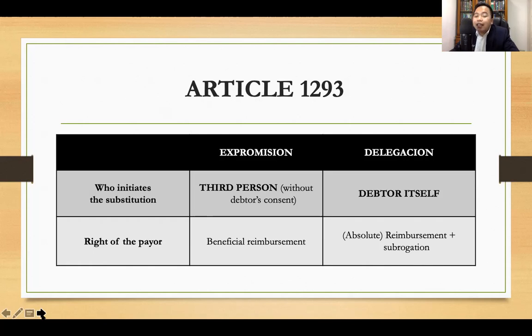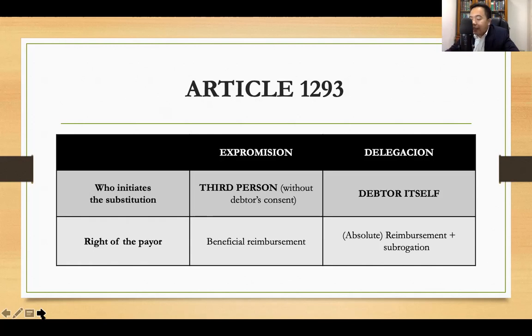On the other hand, if the debtor himself initiates the substitution, sasabihin niya, ikaw na magbayad ng utang ko, ha? Can the payer reimburse from the debtor himself? Yes, absolutely.